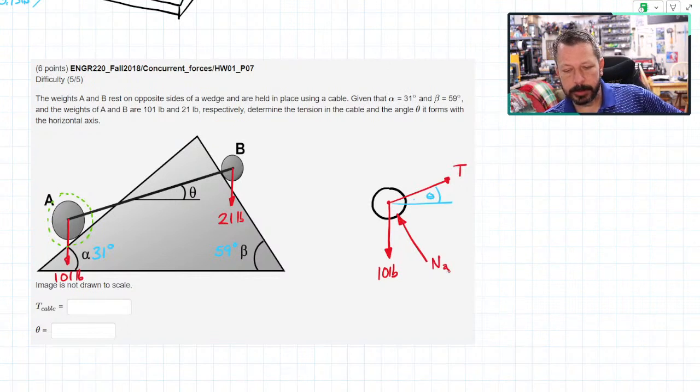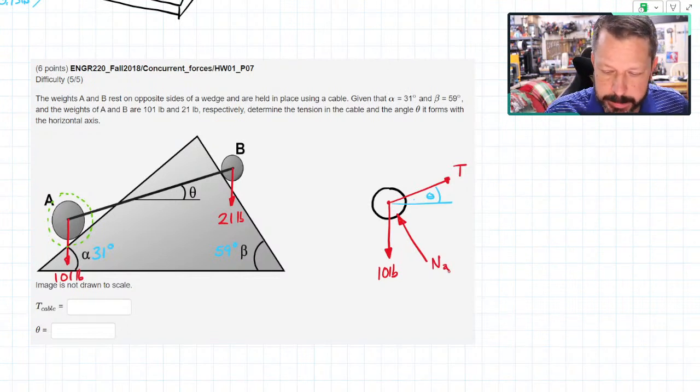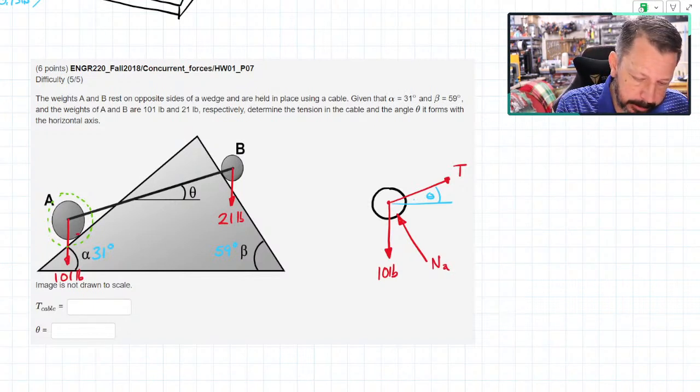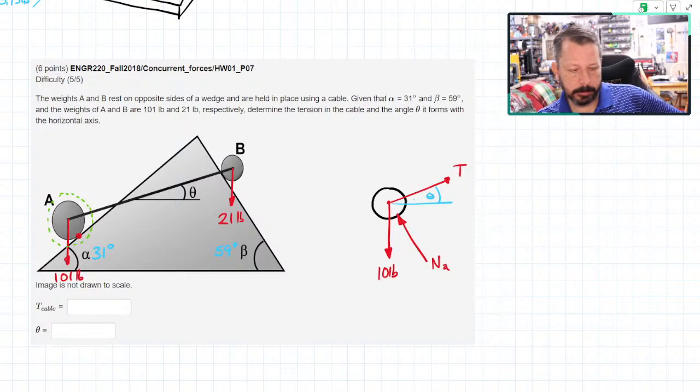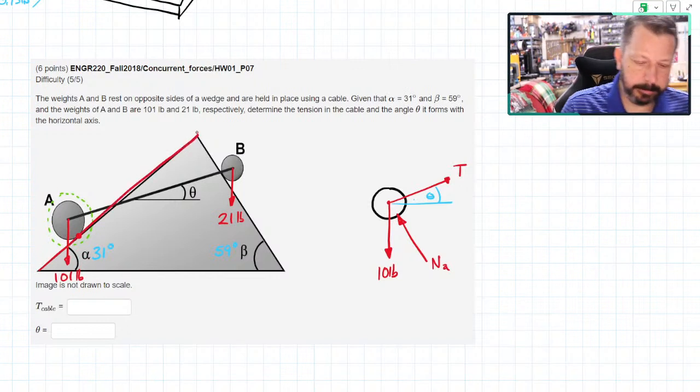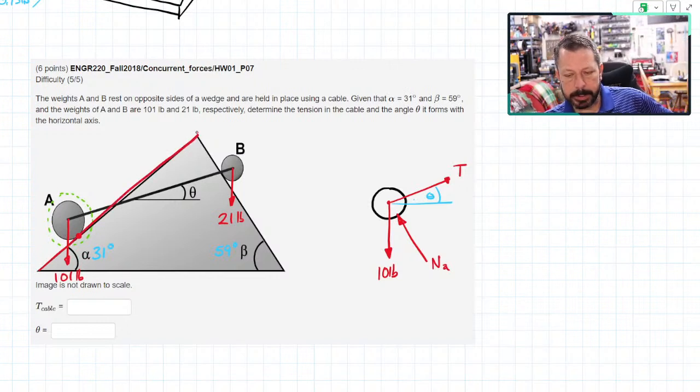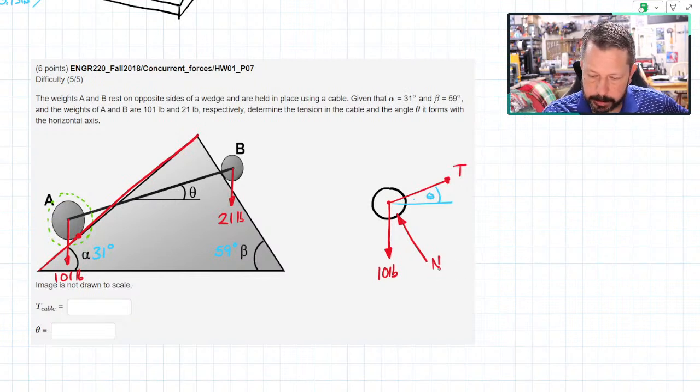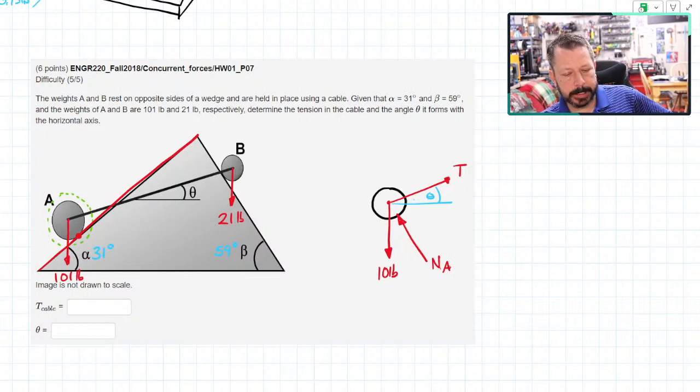So this normal force is perpendicular to a tangent line at that point where the ball and the triangle touch. That tangent line happens to be that line. And so I know the normal force at A is on a surface that is 31 degrees from horizontal. That's what alpha is telling me.